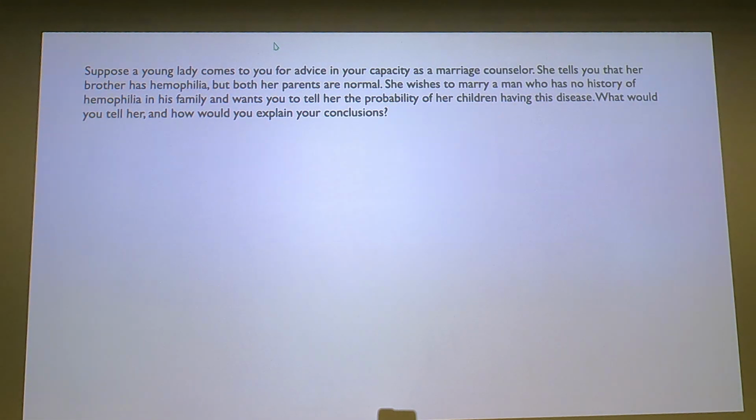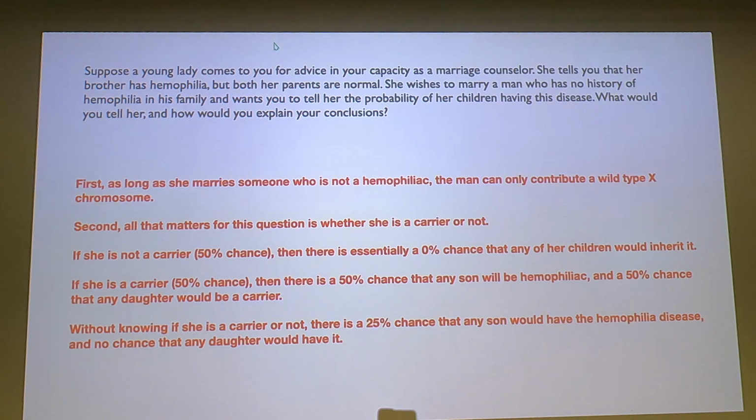What if she's a carrier, though? If she's a carrier and the man she's marrying doesn't have it, her daughters would all be fine, although some could be carriers. Right, 50% would be carriers. But then 50% of her sons have the possibility of expressing it. Yes. So you got to break some bad news to her there.